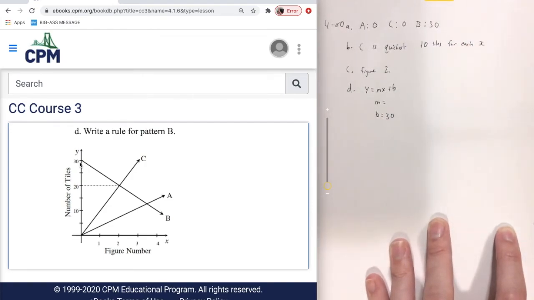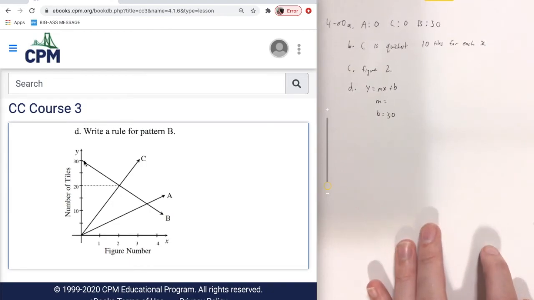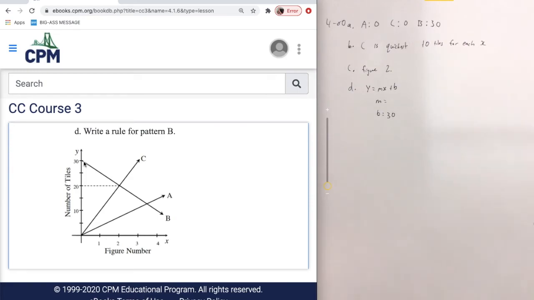M, on the other hand, is how much the y changes for each x, or how many tiles are being added or removed in this case. So once again, we go along 1 on the x, and we come down to about 25 on the y.